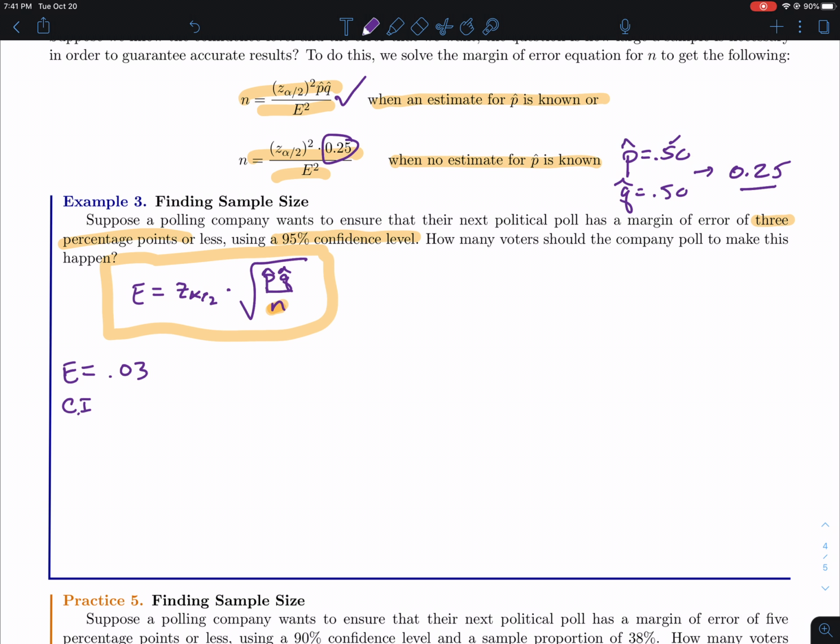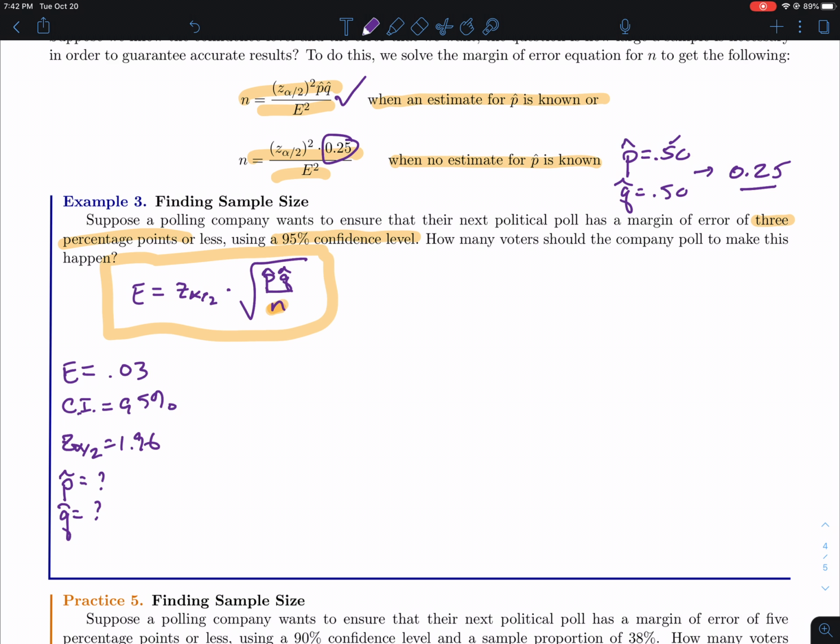We know our confidence level we want to be 95%, and we just saw that that means our z alpha over 2 is 1.96. But unfortunately, p hat and q hat are sadly lacking from our example in this case.